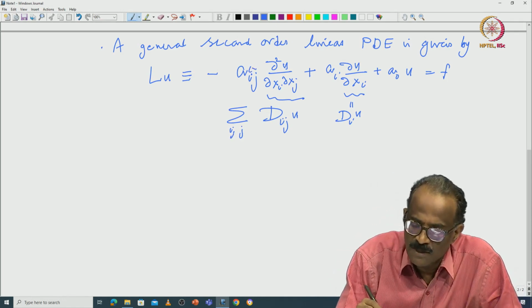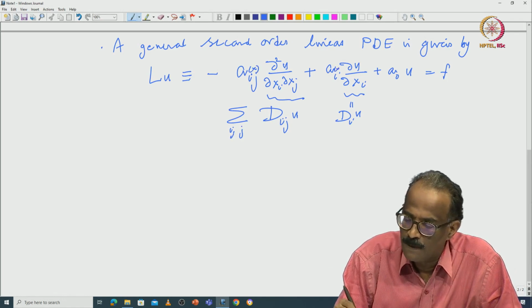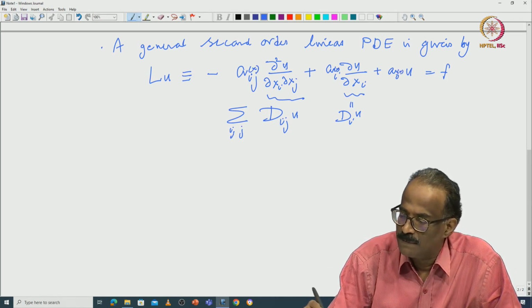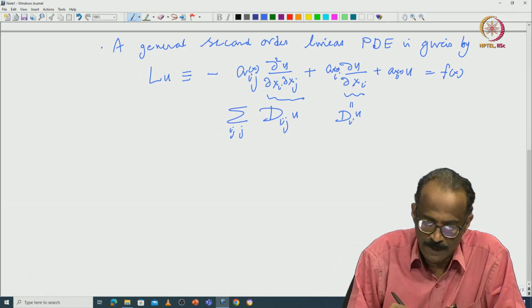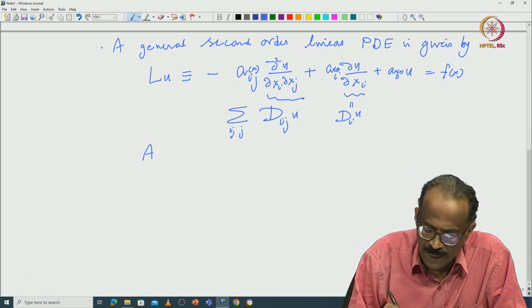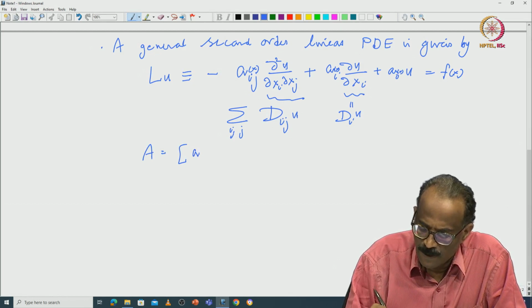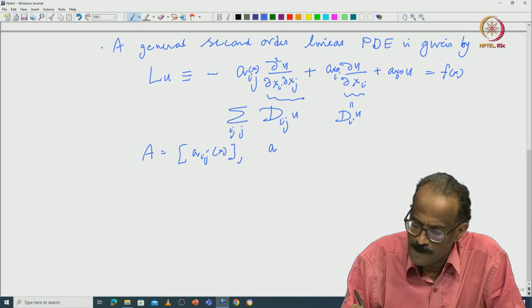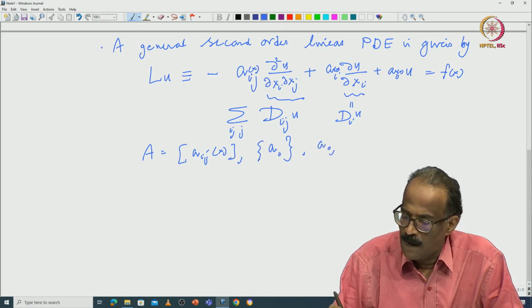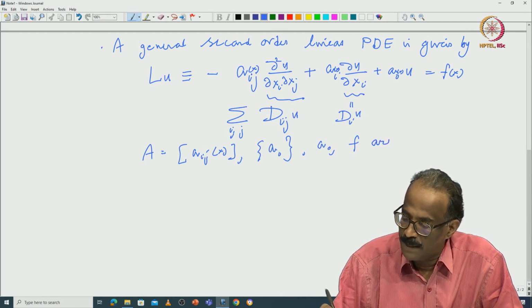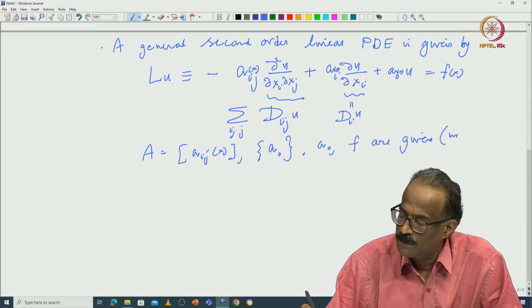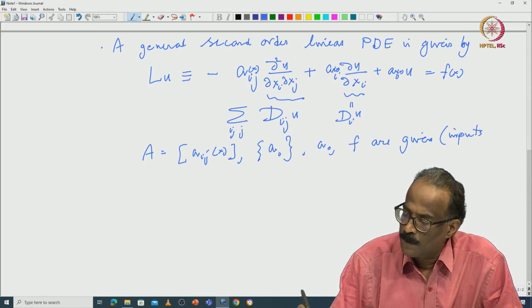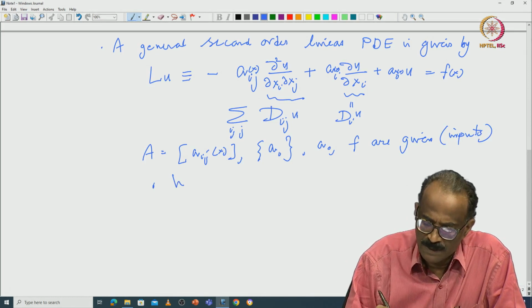Of course, these are functions of x: a_ij, a_i, a_0 are the input data that are given, which we call inputs.